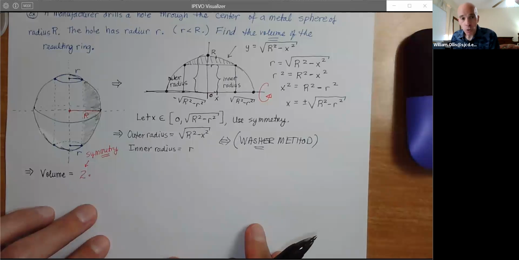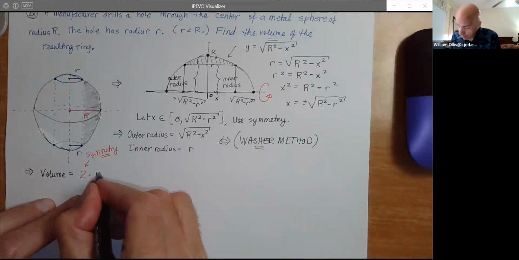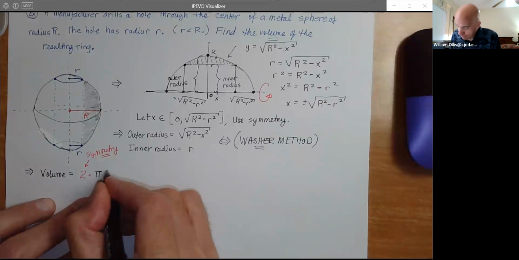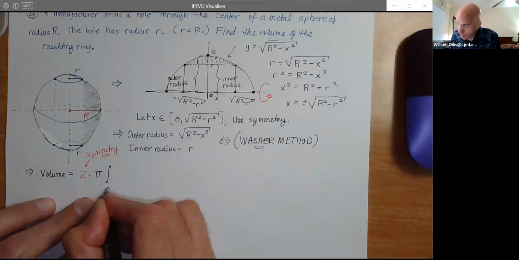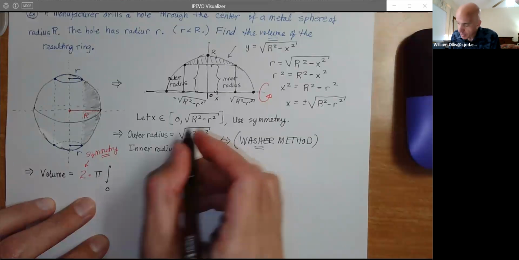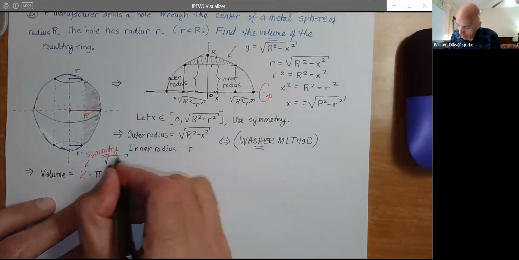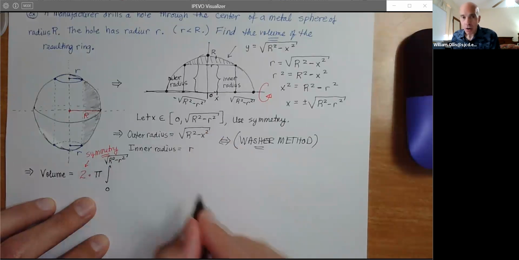And then, of course, we have the pi. And then we integrate from 0 to the radical. I'll say the radicals because I'm referring to that. Uppercase R squared minus lowercase r squared.